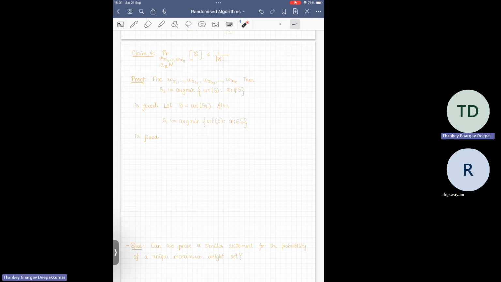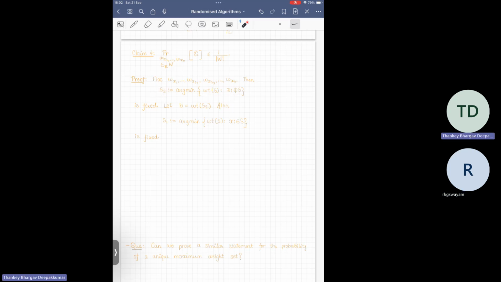Okay, so let me look at all the elements in F not containing xi. Those are the elements that appear over here, right? Okay. By fixed, what do I mean? When I haven't assigned weights to any of the elements, any of the sets over here can end up with the minimum weight, right?